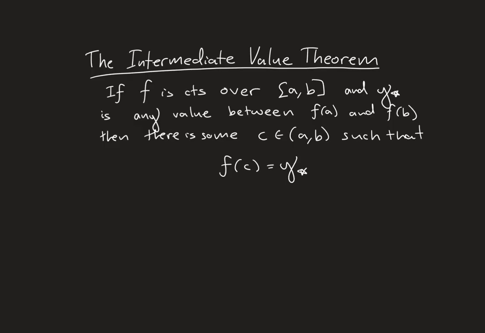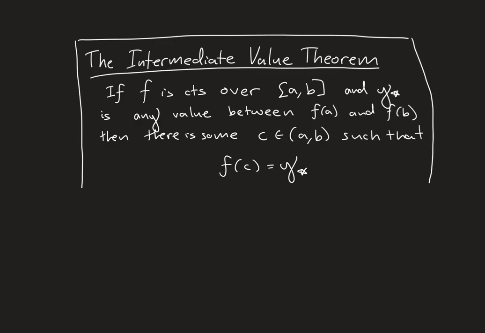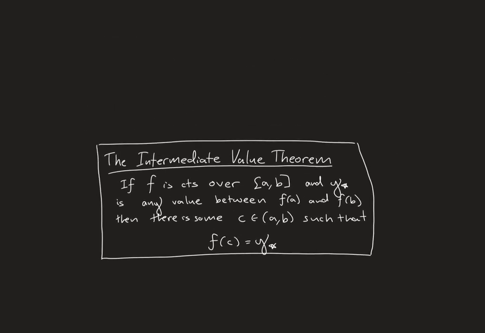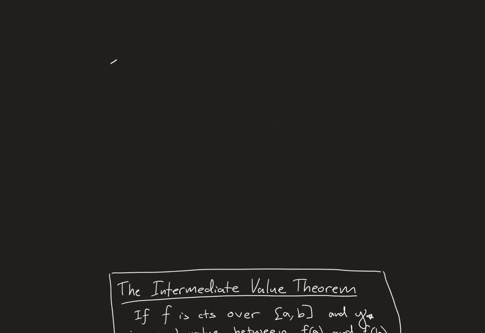I'm going to draw a picture to illustrate what this means, and you'll be like, oh yeah, that's pretty darn obvious. Remember, continuous functions are functions that you can draw without ever lifting your pen. Okay, so let's say I have an xy graph. Here's A, here's B. I know my function exists over this interval completely.